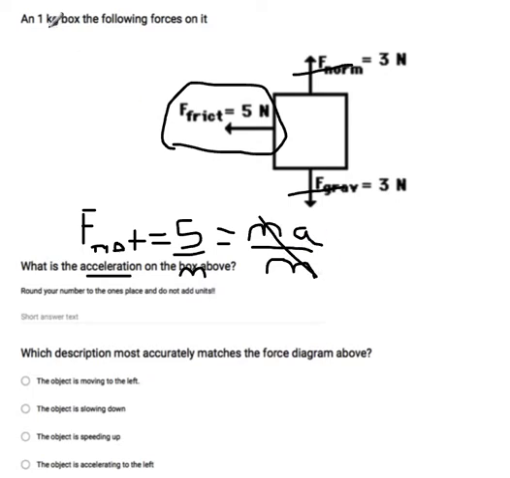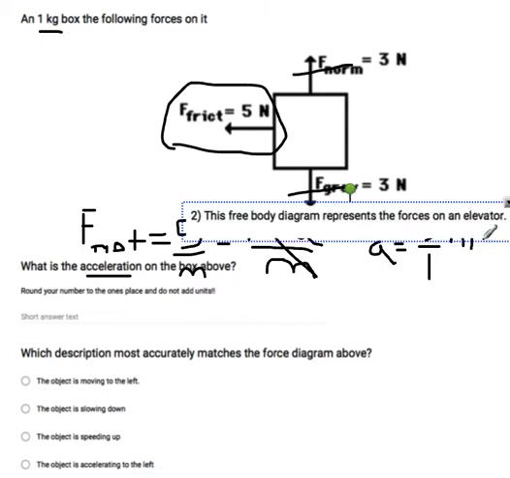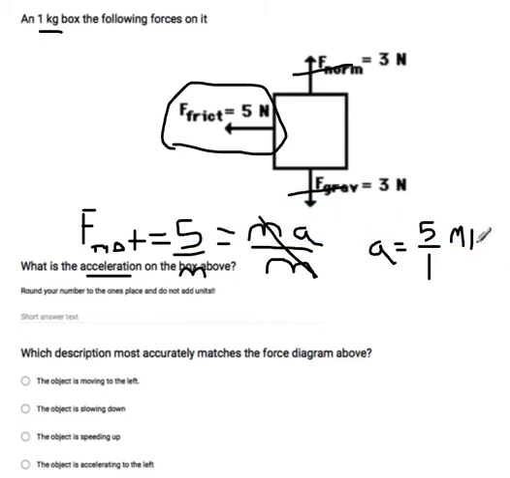The key here is that the mass of the box is 1 kilogram. So a is equal, I'm just rewriting it, to 5 over 1. On the test, I'd put meters per second squared.